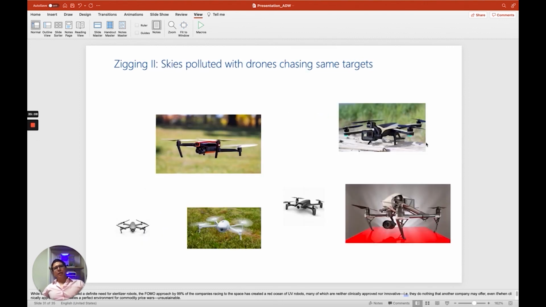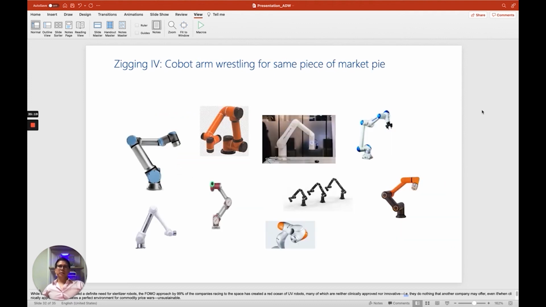More zigging. Skies are polluted with drones chasing the same targets. It's just the same stuff over and over. UV robots now. Cobot arms. Everybody's making cobot arms, chasing what Rethink Robotics and what Universal Robots, now Teradyne, has.